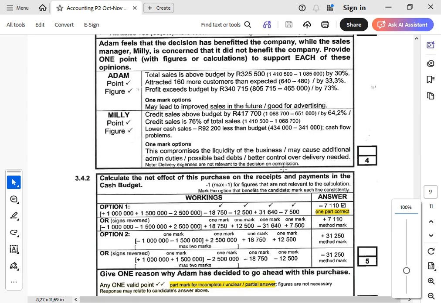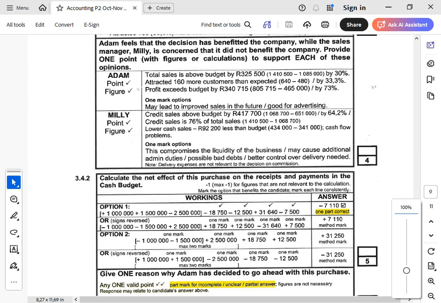I also remember this, we were only allowed to give one tick if they did the delivery expense, because the delivery expense is actually linked to the sales. So that also went down. They say here, delivery expenses are not relevant to the decision on commission.